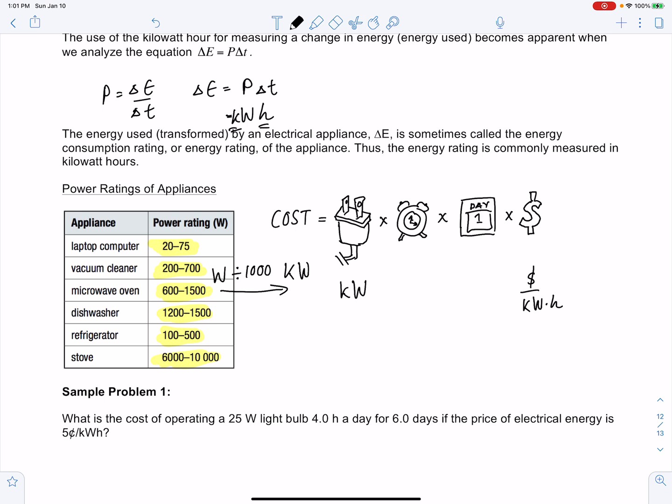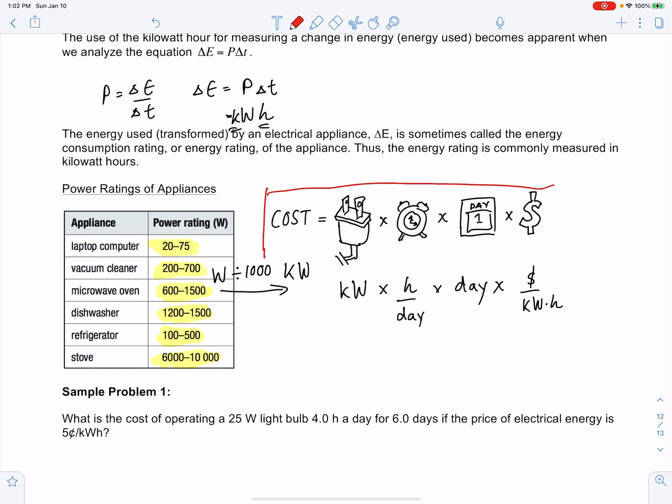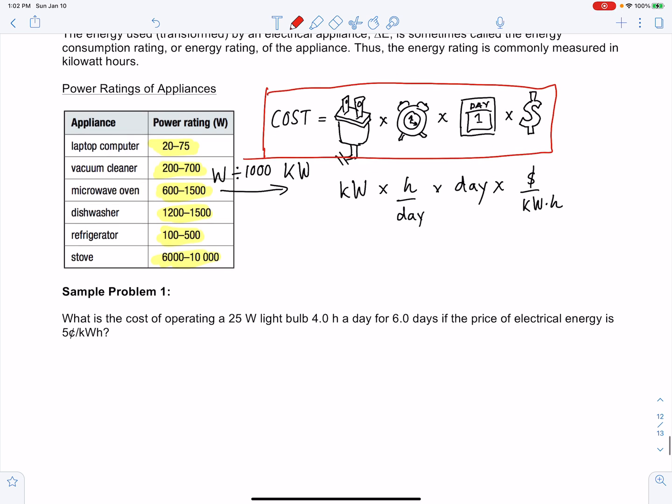We're going to measure our time in hours per day times the number of days we use the device or appliance. So this becomes our equation. Cost is equal to the type of device times how long we use it for, for how many days, and for the power rating that the electrical energy company gives you.